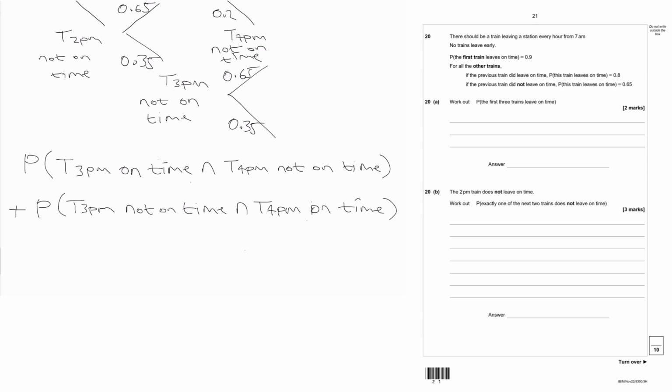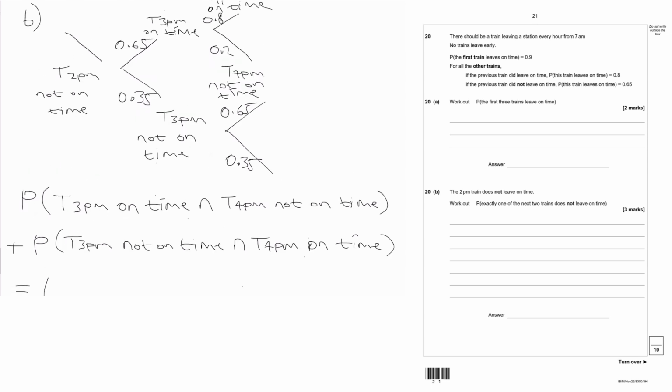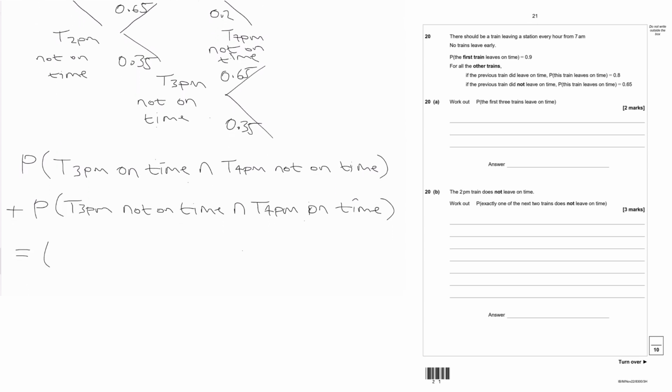So when we work this out, this is going to be equal to, well, the probability that the train at 3 p.m. is on time, if we go up slightly, is 0.65.